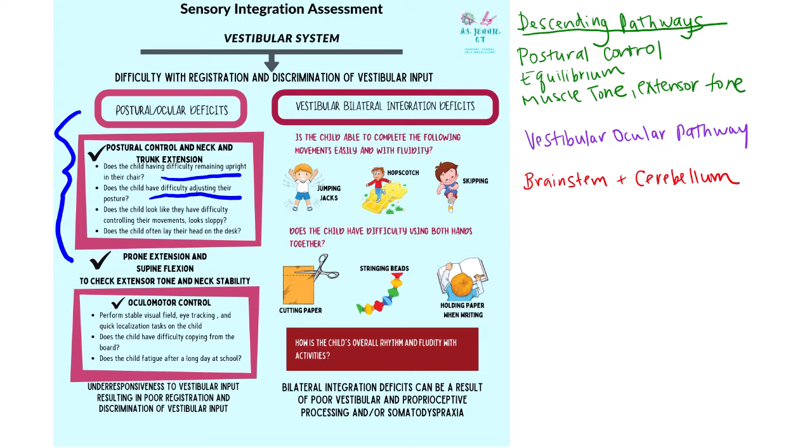And in addition to that, if I'm already seeing postural control difficulties, I usually do want to do a prone extension and supine flexion just to check the extensor tone and neck stability. You will see kids who have a very difficult time with their postural control and neck stability.